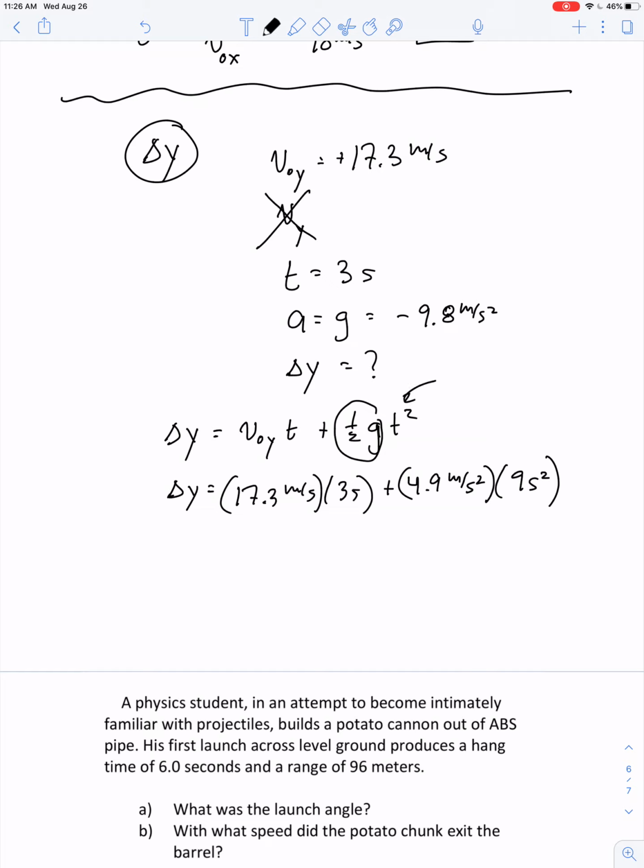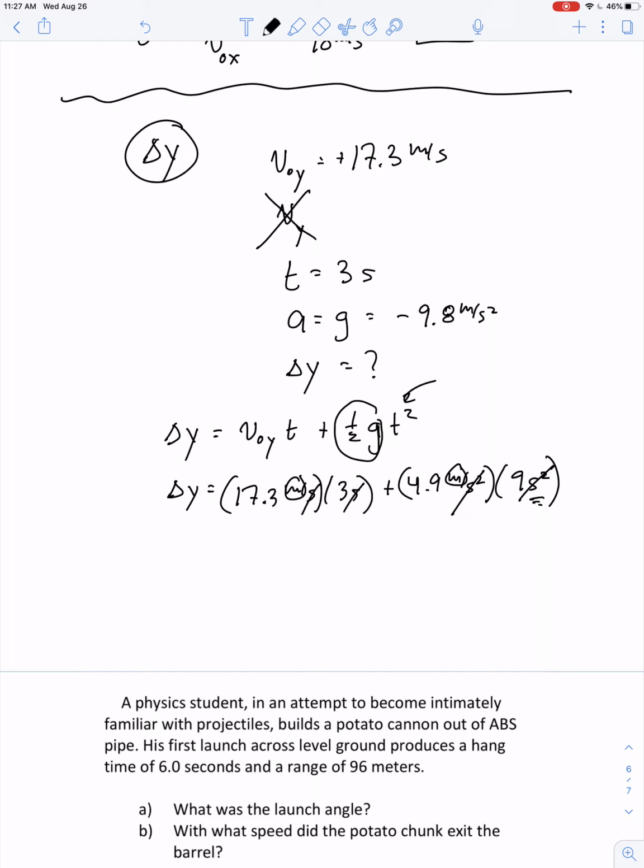Plug in 3 for t and then square it. So not only are we squaring the 3, but we're squaring the units of seconds. So seconds squared cancel with seconds squared. Here, seconds cancel with seconds, so we're adding meters with meters. That's good.